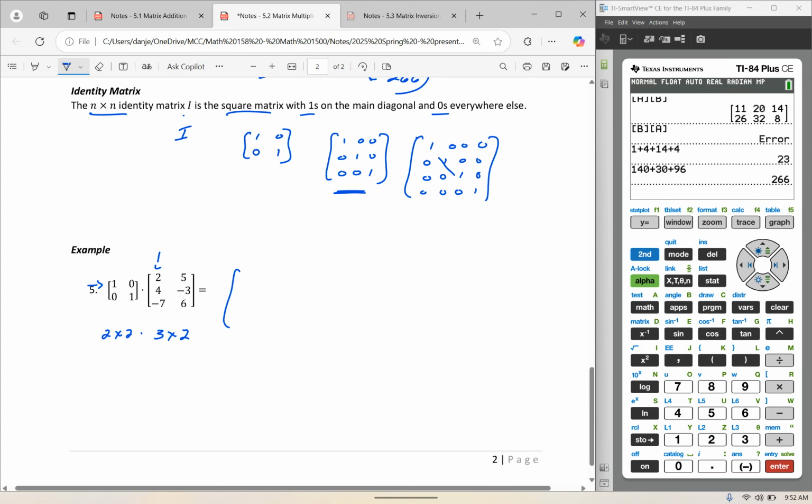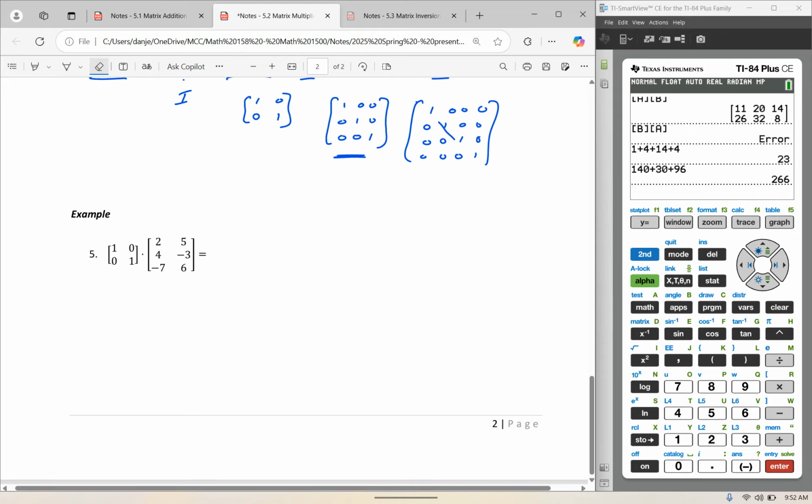So I can't do that. So let's fix this. Let's keep the second matrix. Let's use the 3 by 3 identity matrix times the 3 by 2 matrix.